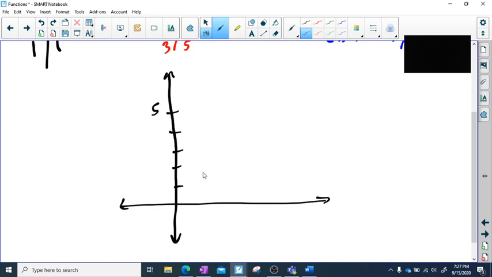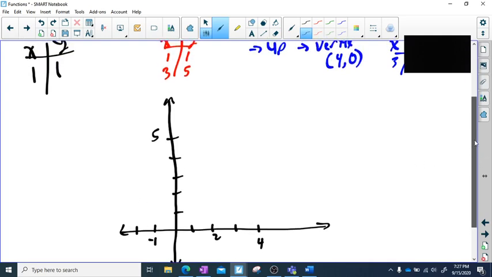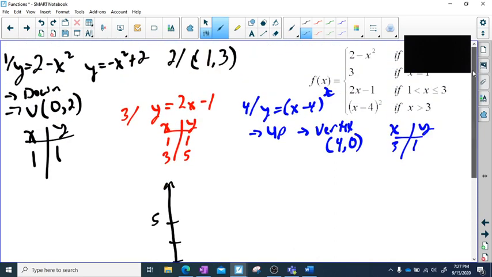So there's y is 5. 1, 2, 3, 4. So there's 4. There's 2. Try and eyeball these to get them roughly the same. They don't have to be perfect, but somewhat similar to the size of your scale on each axis.